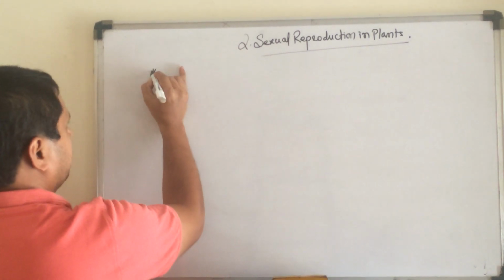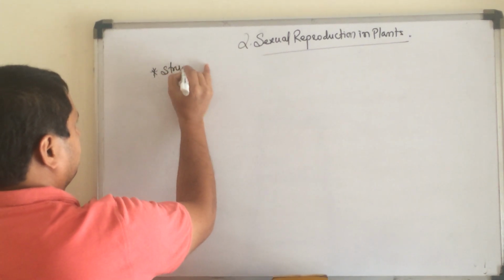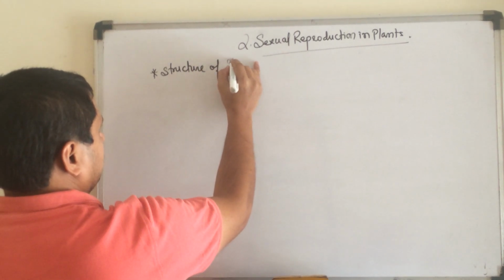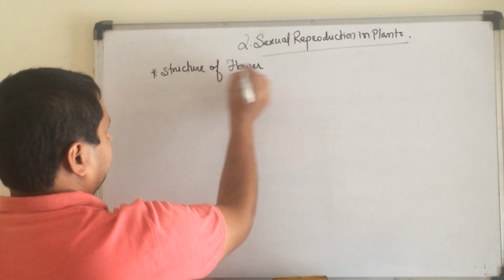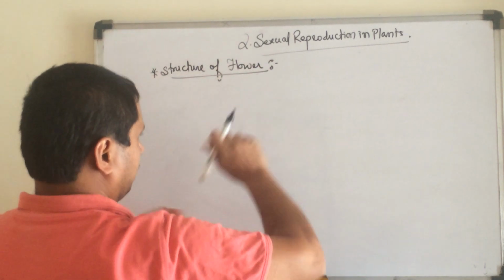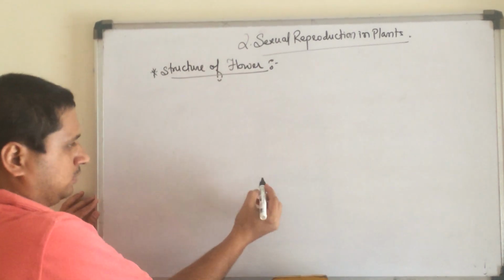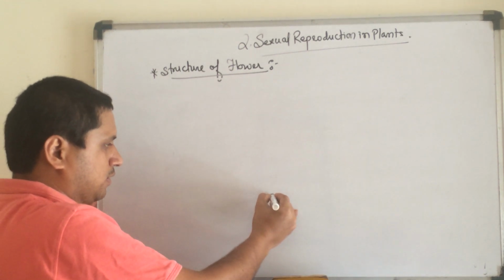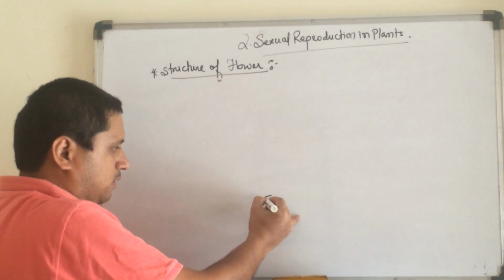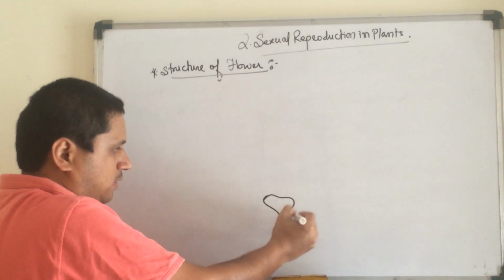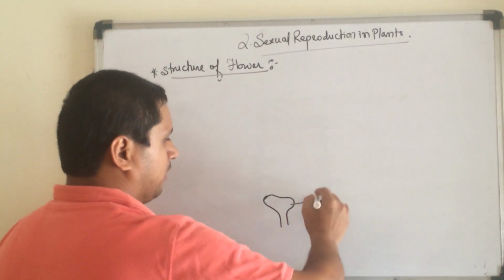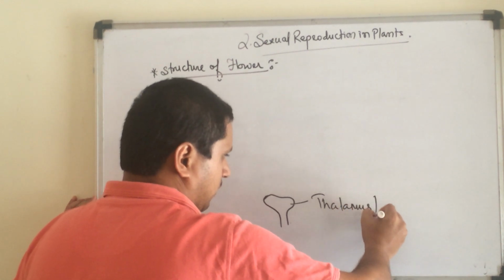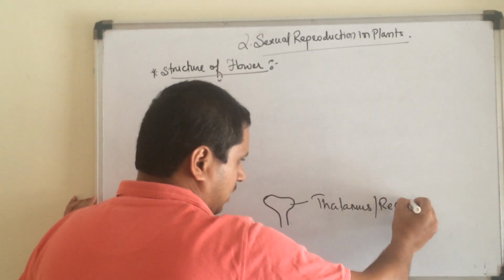Now, talking about the structure of the flower, this is the base of the flower, known as the thalamus or the receptacle.